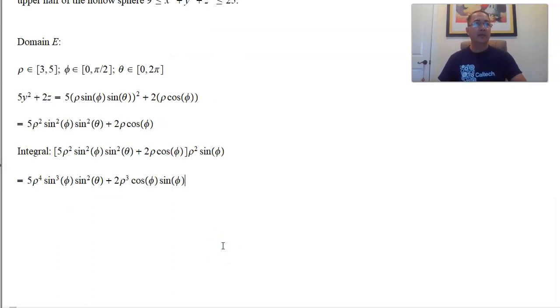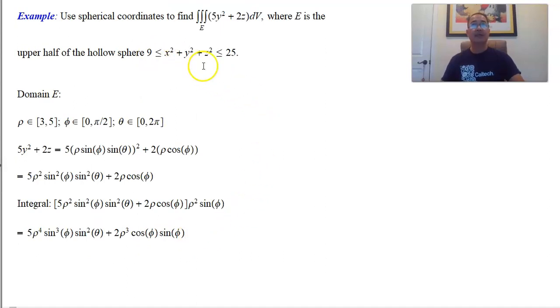All right, so how are we going to attack this? Because we're doing a spherical region, rho is going from 3 to 5, phi from 0 to pi over 2, theta from 0 to 2 pi. And of course, they're independent of each other; none of them is a function of the others.